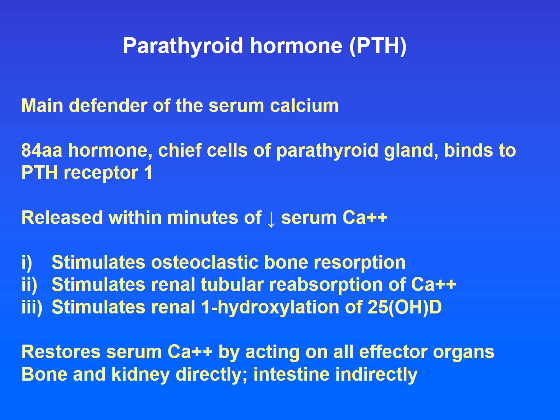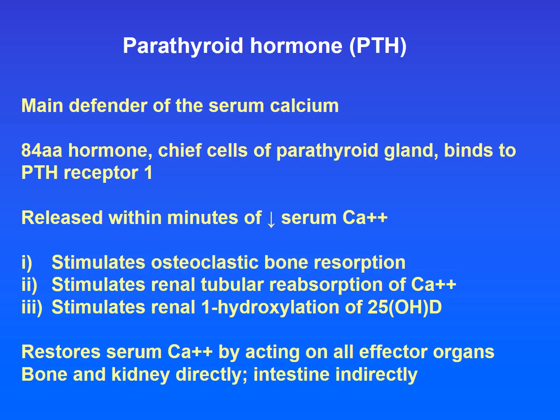and the actions of parathyroid hormone are all to restore the serum calcium to normal, and it does that in three ways. It stimulates osteoclastic bone resorption, so that using the skeleton as a calcium reservoir, that brings calcium out of the skeleton into the extracellular fluid.